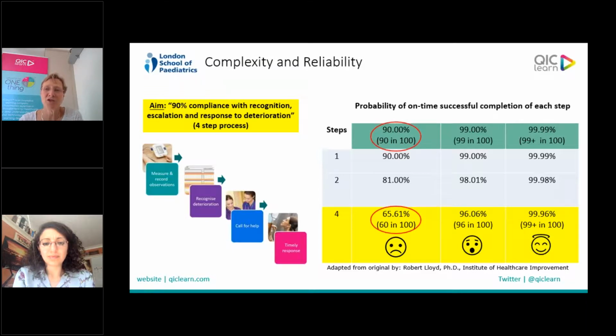So 6 out of 10 children will reliably go through that process if you are performing each task at 9 out of 10. It's scary, but if you apply that to some of the tasks you're involved in day in, day out, you can see this is where the human piece comes in, that we save some of these. Out of the 6 out of 10, we do a lot of saving. We do a lot of workarounds, which costs us and takes us time. And we do it again and again and again because we can't find a way to break out of it.